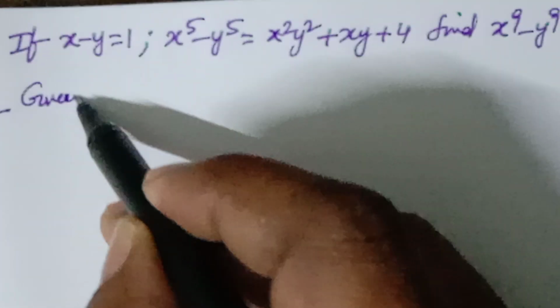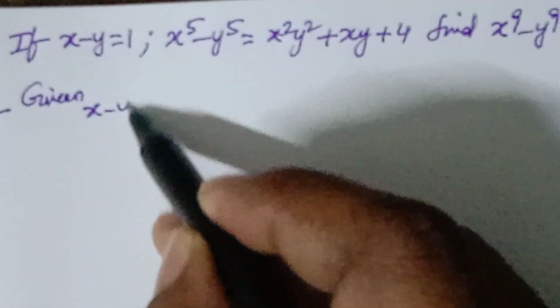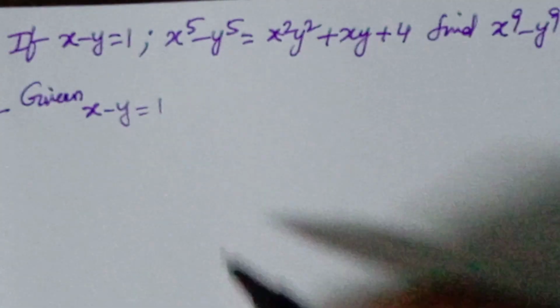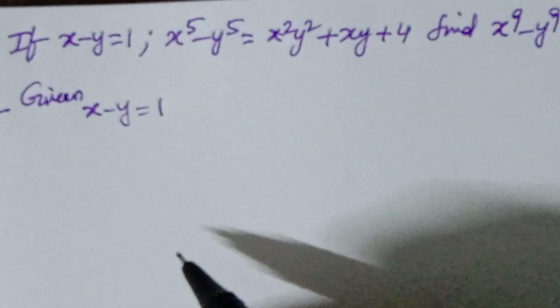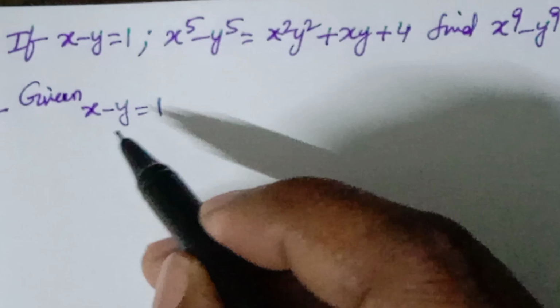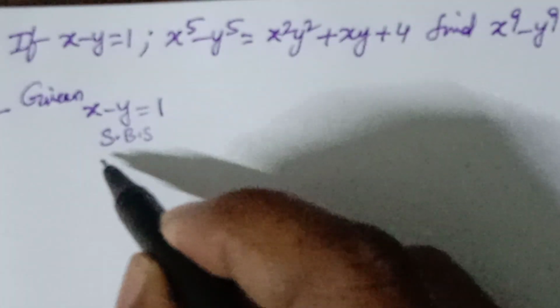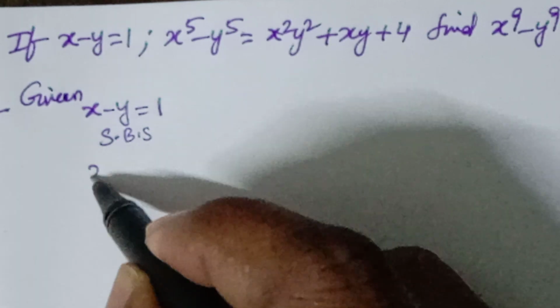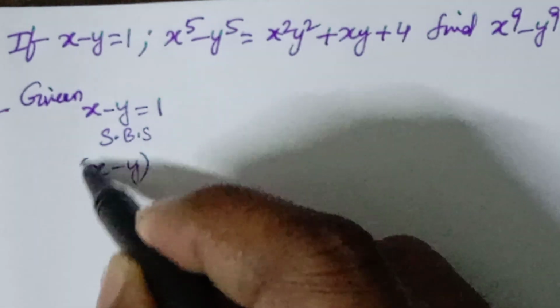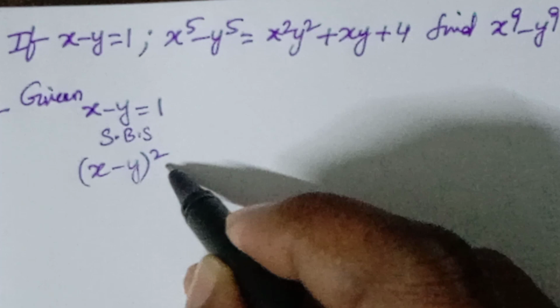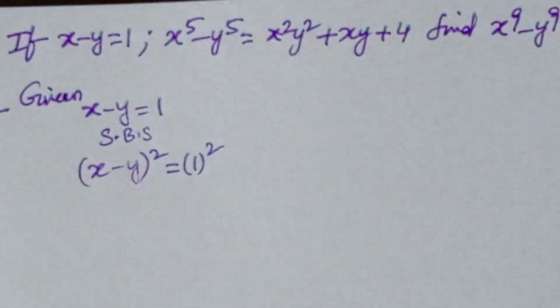First of all, x minus y is equal to 1. X minus y value is 1 now. So squaring on both sides, what will we get? X minus y whole square is equal to 1 square.